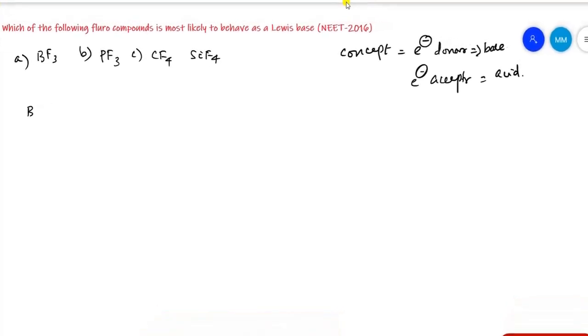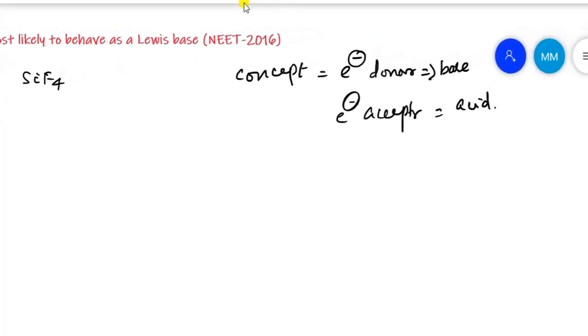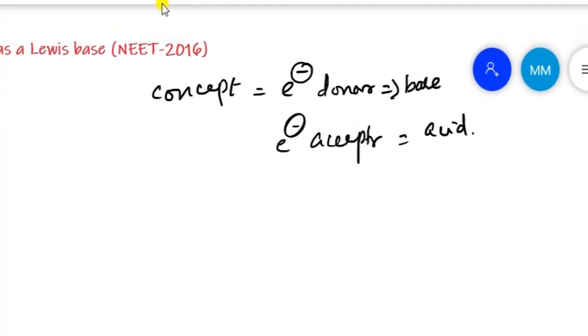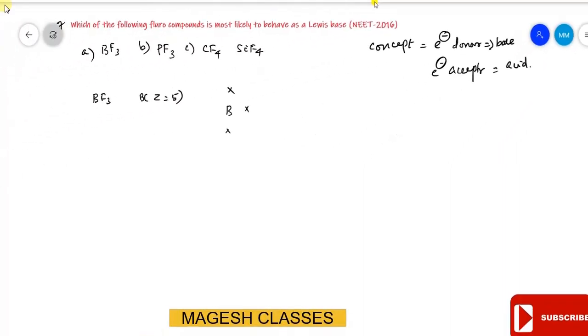First one is boron trifluoride. Boron atomic number is 5, so the outer shell consists of 3 electrons, 2 in the K shell and 3 in the L shell. Fluorine, atomic number 9, has 7 electrons in its outer shell. So fluorine shares 1 electron with the boron atom to make the bond. This is the structure of boron trifluoride.